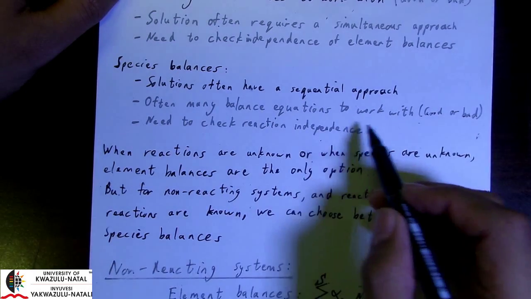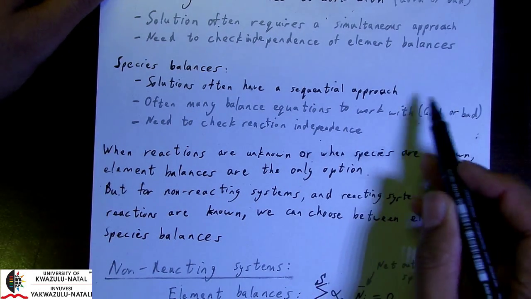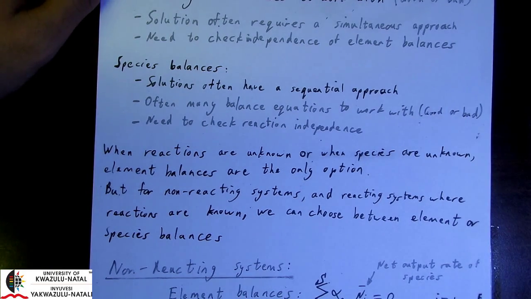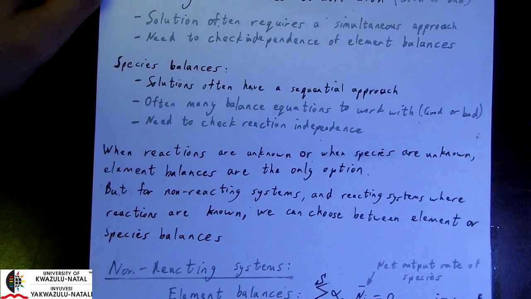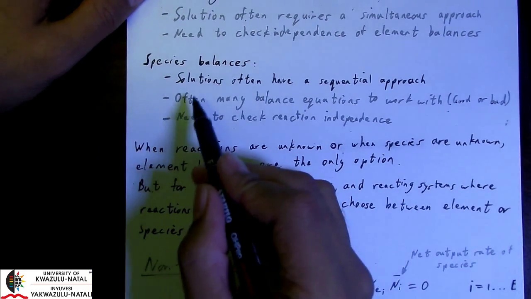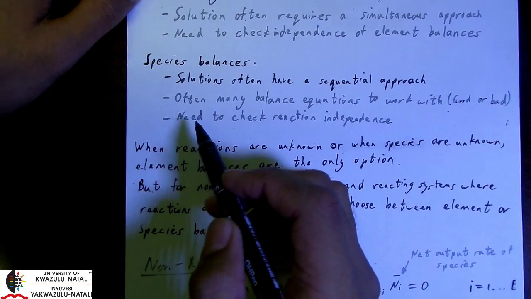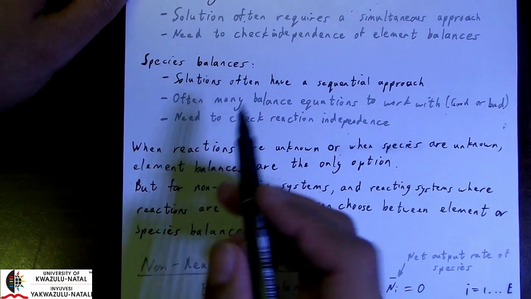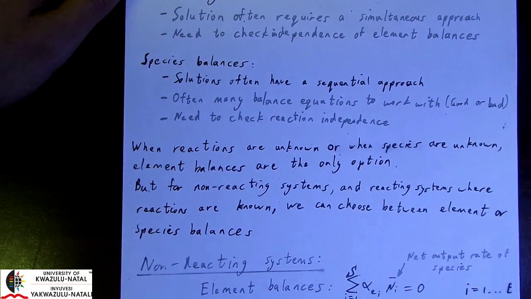However, many balance equations can be good for the process because it means that we will need fewer specifications and subsidiary relations. And also a disadvantage, particularly in the case of reacting systems, is that if we want to use species balances, then we need to check reaction independence.